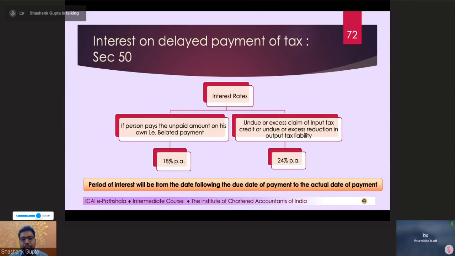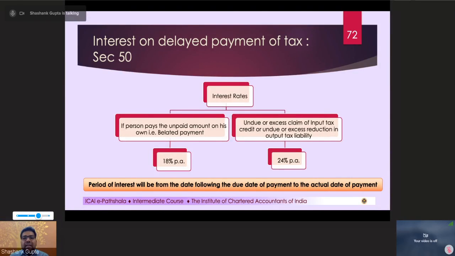However, in case where there has been an undue or excess claim of input tax credit or undue or excess reduction in output tax liability, in such case, the interest rate shall be 24% per annum.